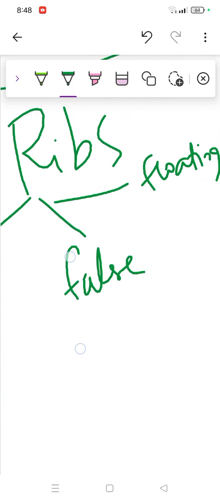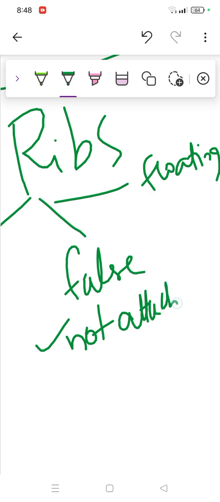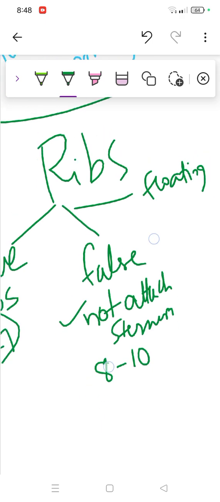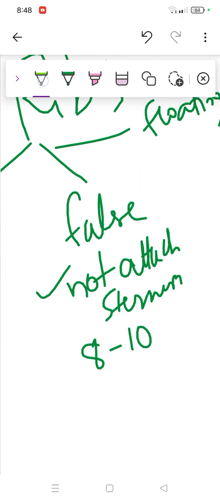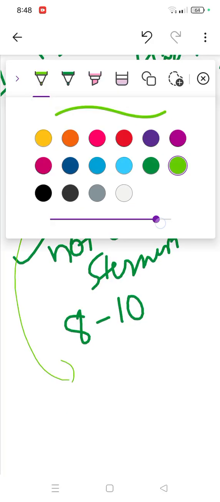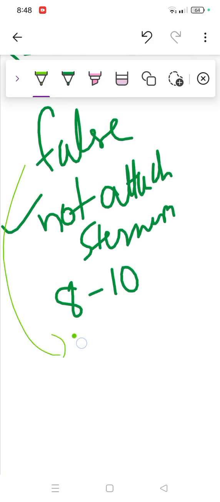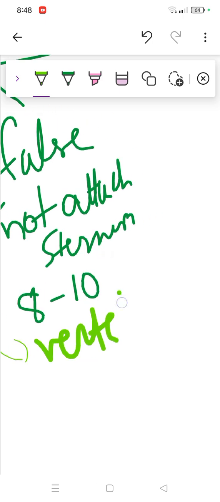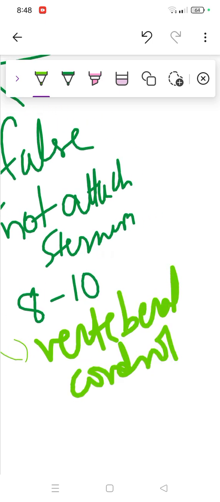Then comes the second, false ribs, which are not attached to the sternum directly. These are around 8 to 10. They also have another name: vertebrochondral ribs.